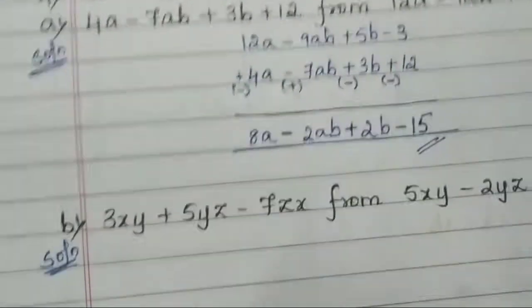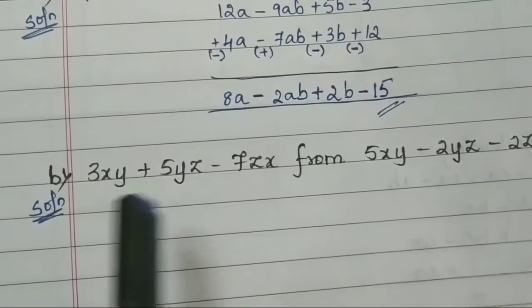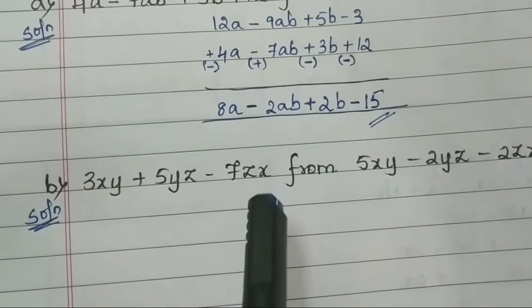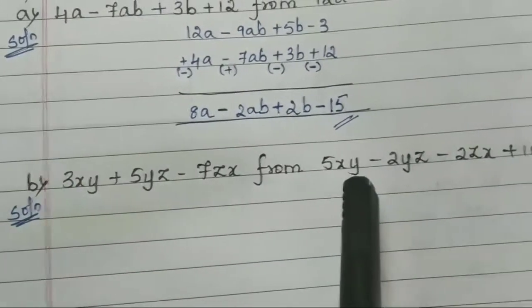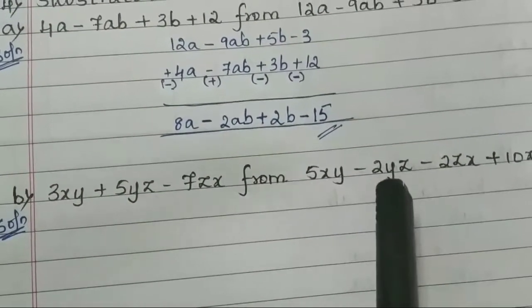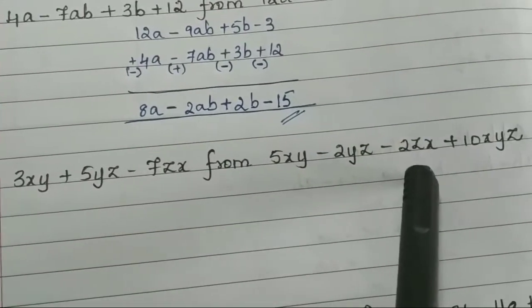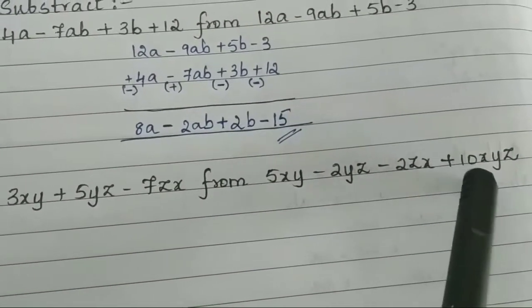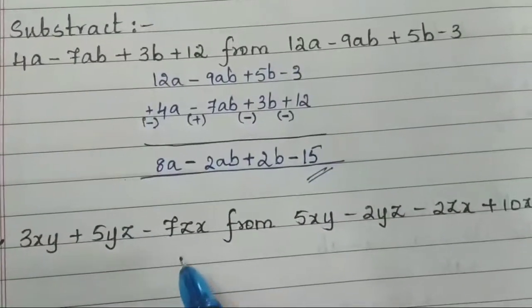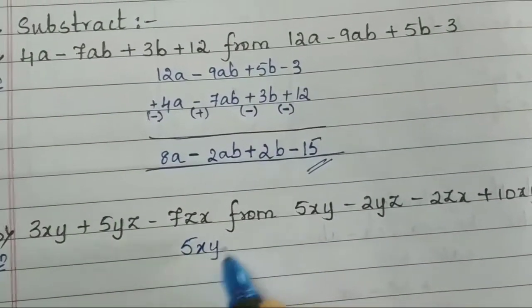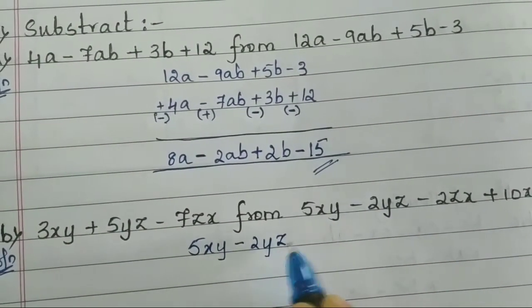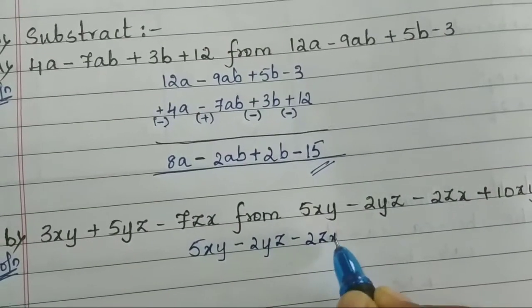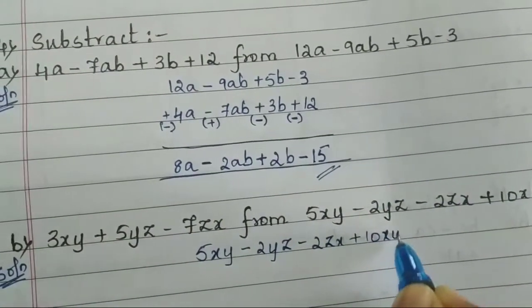Okay, coming to the second question. 3xy plus 5yz minus 7zx from 5xy minus 2yz minus 2zx plus 10xyz. So we will write this: 5xy minus 2yz minus 2zx plus 10xyz.